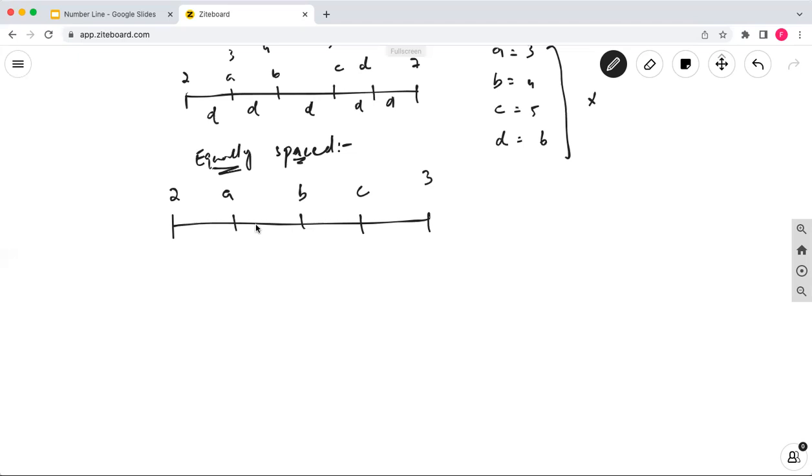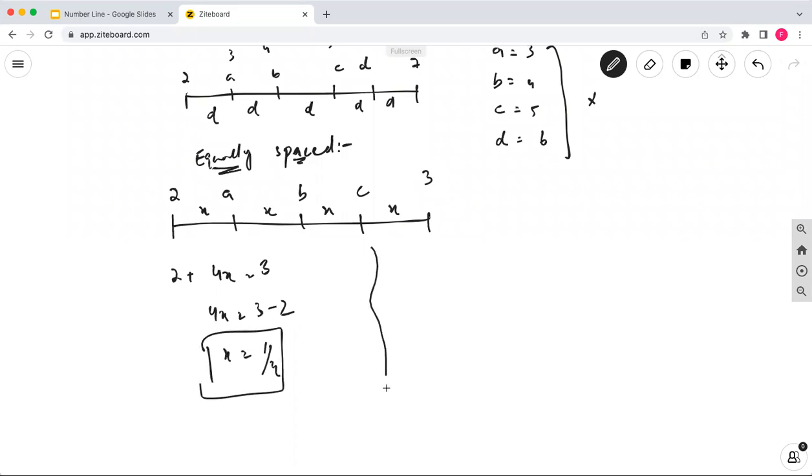Anyone? 0.25. If these are equally distant, then 0.25, 0.75. Yes, because I assume that these are equally spaced, right? So let's call this x, this is x, this is x, and this is x. So 2 plus 4x is equal to 3, and 4x is equal to 3 minus 2, and x is equal to 1 by 4, right?